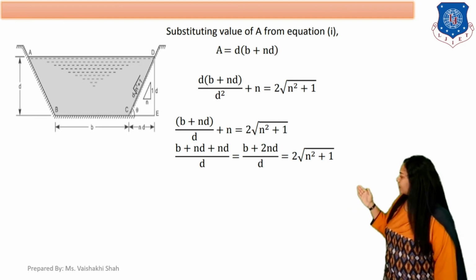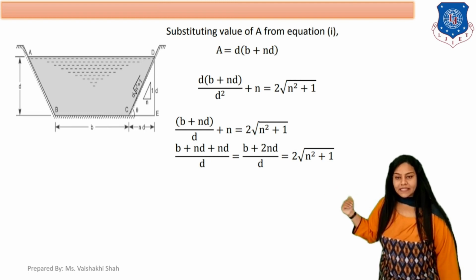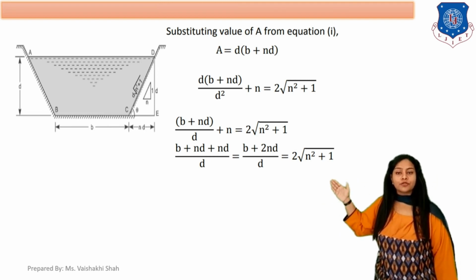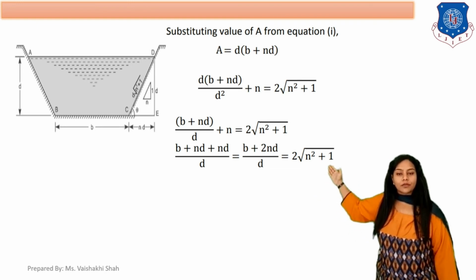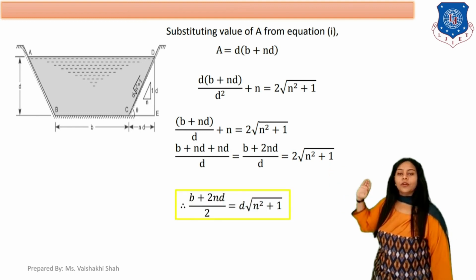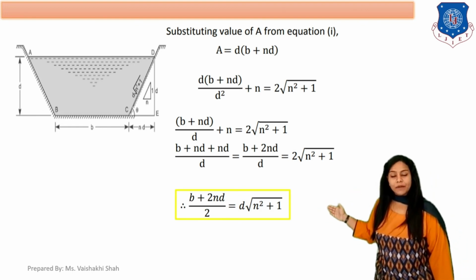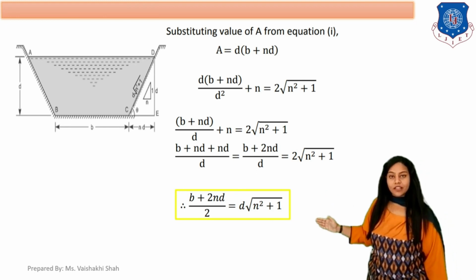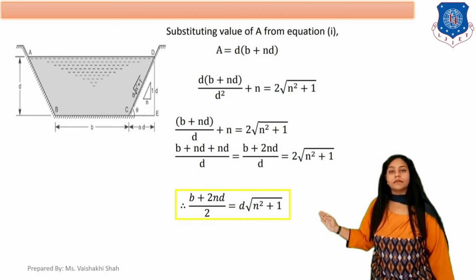Taking LCM, B plus 2ND divided by D equals to 2 under root N square plus 1. Clear? So the final equation becomes B plus 2ND divided by 2 equals to D into under root N square plus 1.